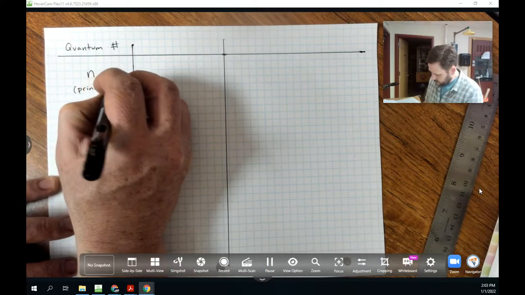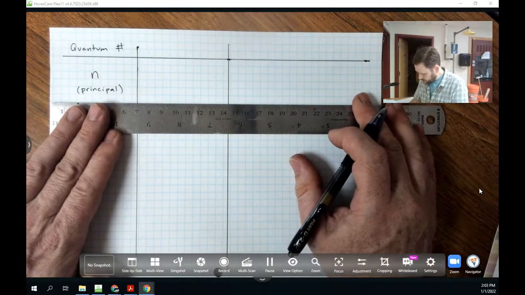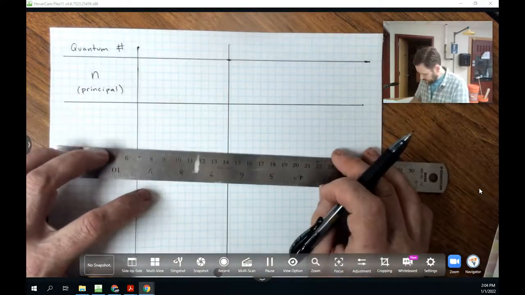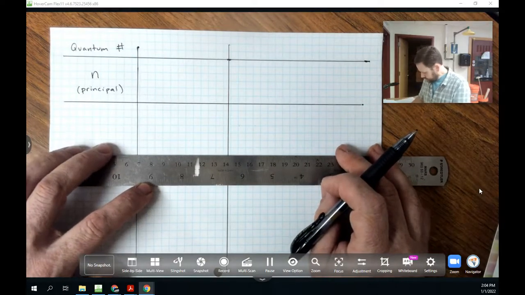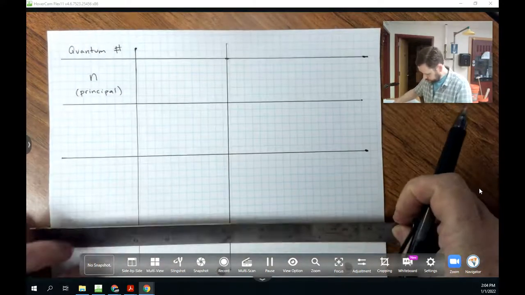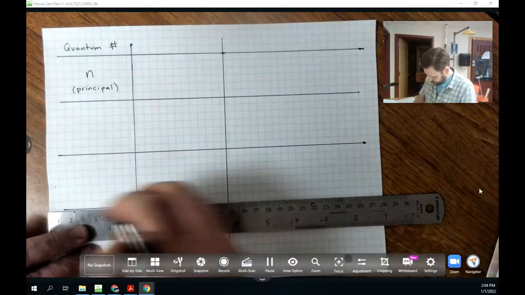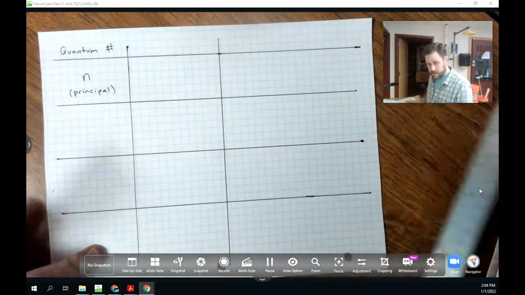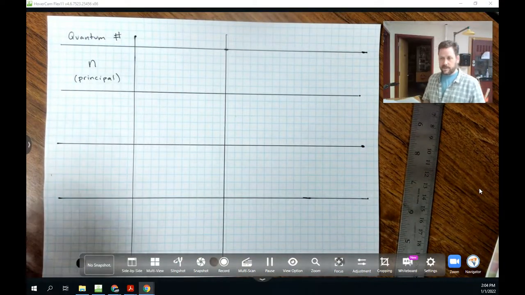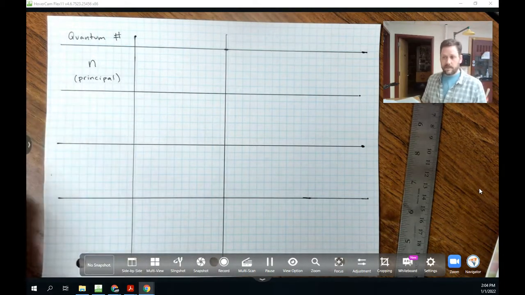Now, there are four quantum numbers, so let's go ahead and make four rows here, just dividing the page equally. And you can think about these four quantum numbers sort of like the parts of an address. When you give your address, you have a number, a street, a city, and a state.